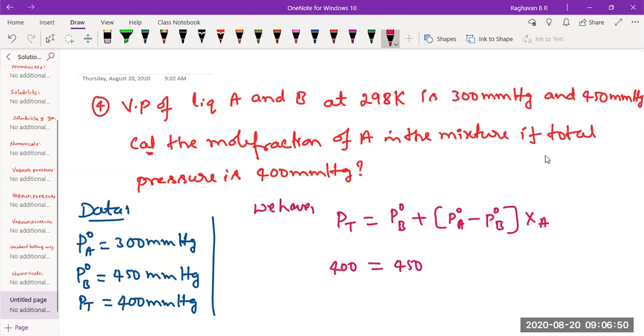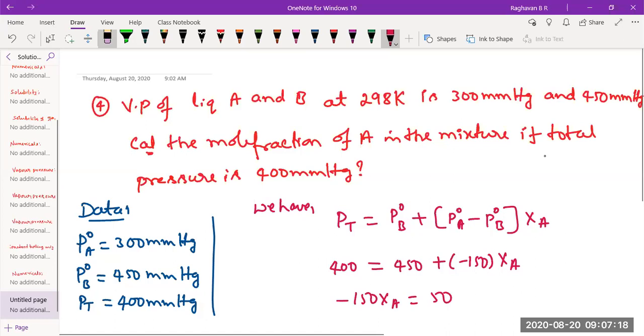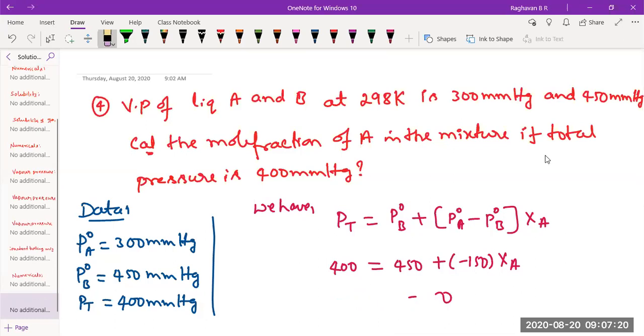Should be minus 150, right? You can do like this. 150.